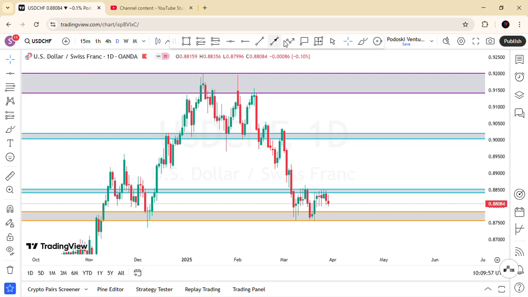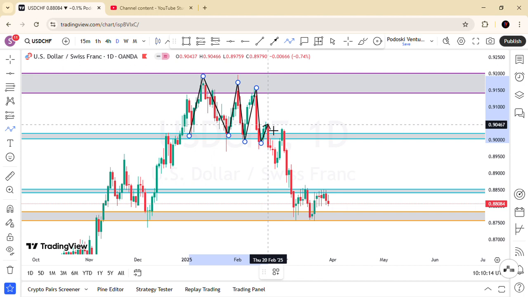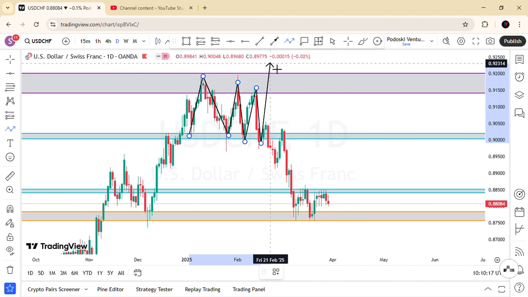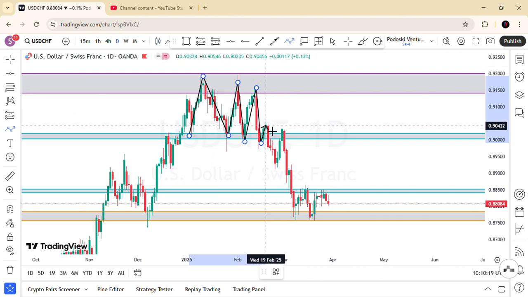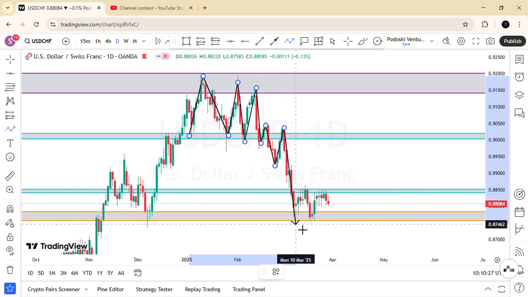So if you see, this was a lower, higher low, higher high, an equal low, an equal high, an equal low, an equal high, then an equal low again, then created a new lower low, a lower low, lower high, then drop all the way for a lower low.